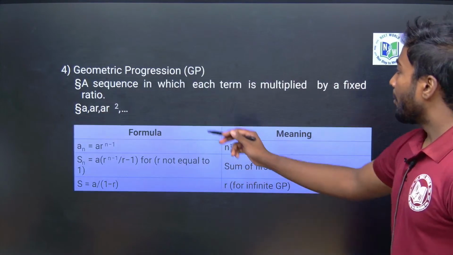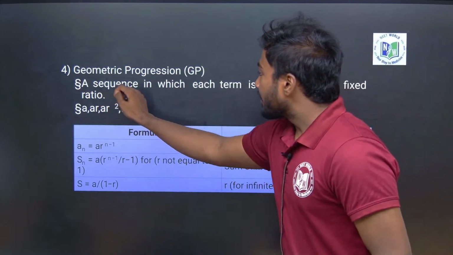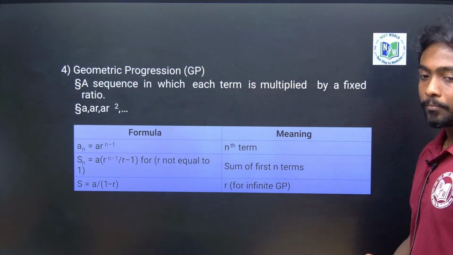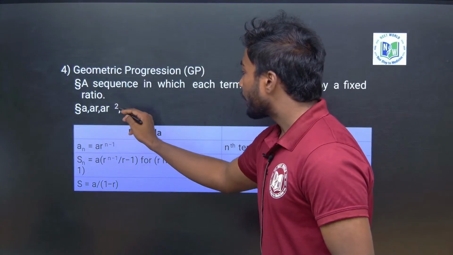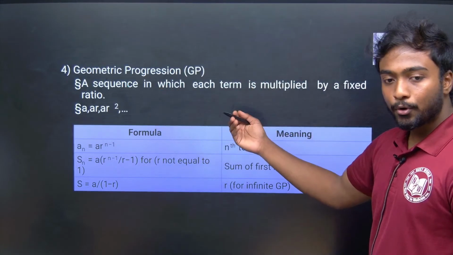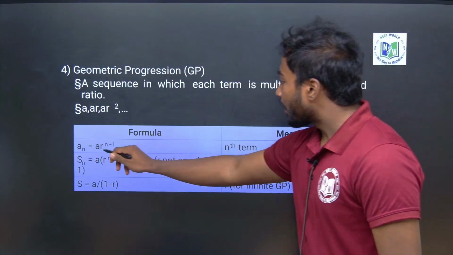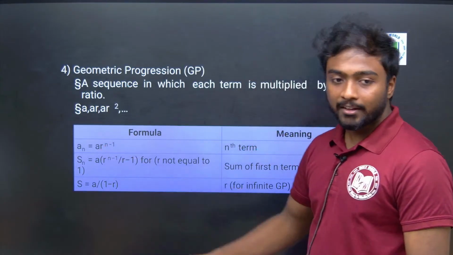Next, geometric progression, GP. AP and GP, 2 are there. A sequence in which each term is multiplied by a fixed ratio. So, the terms are a, ar, ar square, ar cube, ar power 4, etc. For finding the nth term, the formula is an is equal to a into r power n minus 1.